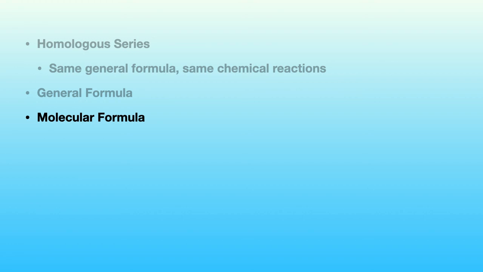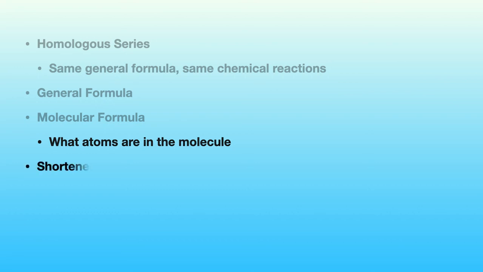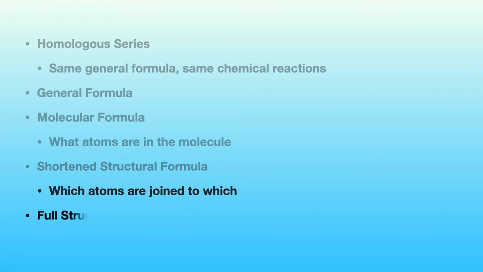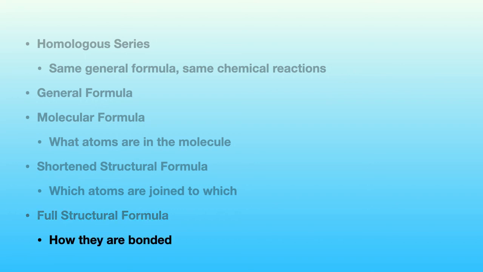Each alkane, for example, has a different molecular formula, but the same general formula. A molecular formula tells you which atoms you've got in a molecule, but that's all. You should also know how to write shortened structural formulas. The shortened structural formula gives you extra information. It tells you which atoms are bonded to which. The full structural formula takes you a stage further to actually show you the bonds.